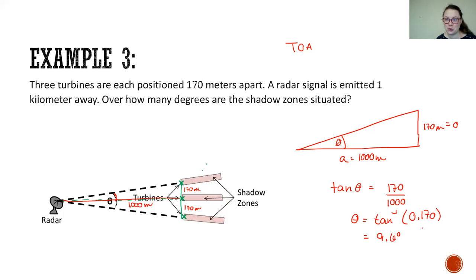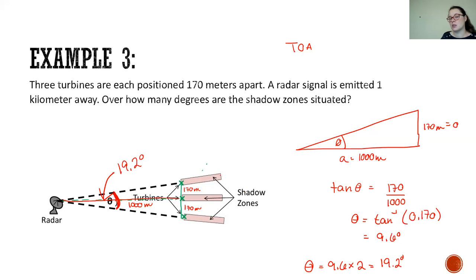Now, depending on whether you round before you double it or whether you don't, can change the degrees slightly. So the total angle, this total angle through which there's going to be shadow zones, would be our angle 9.6 times 2 leaves us with 19.2 degrees. So this angle here, the whole thing is 19.2 degrees.